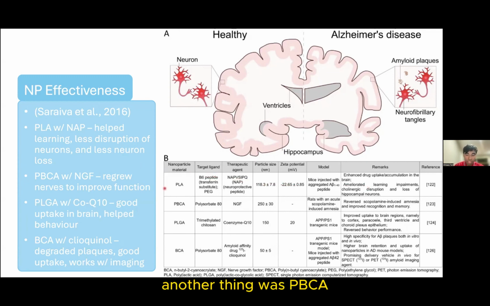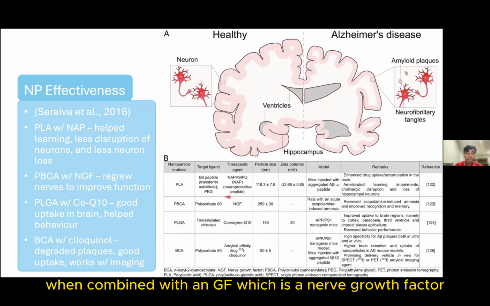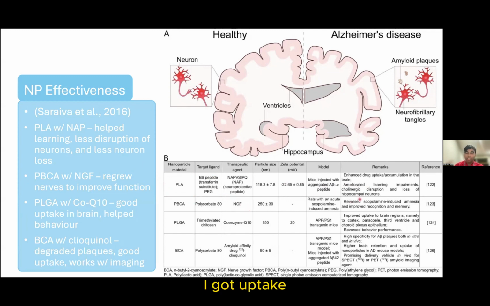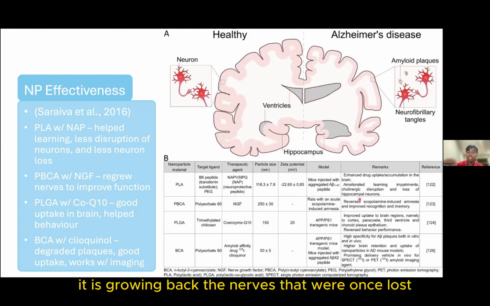Another one was PBCA, which is poly-N-butyl cyanoacrylate. When combined with NGF, which is a nerve growth factor, it got uptake when put into a rat brain which had amnesia. It reversed the amnesia that the rat had and improved the recognition memory because, again, it is growing back the nerves that were once lost.